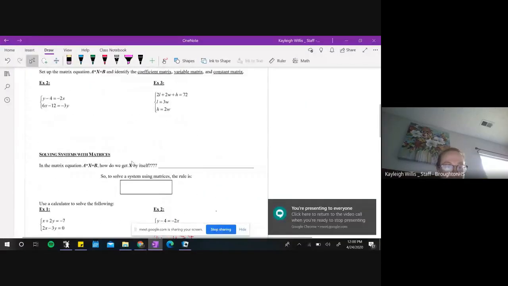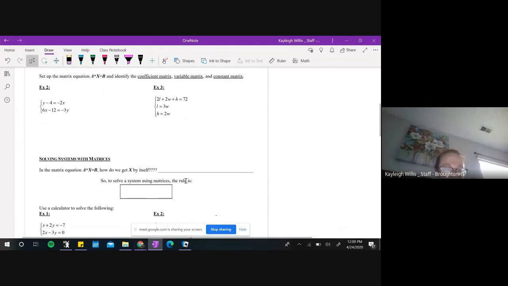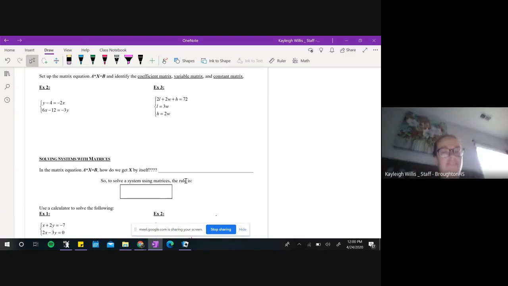So, solving systems with matrices. So, in a matrix equation, like Miss Marshall wrote, she had A times X equals B. So, how do we get X by itself? So, it's just like what we did in last week's notes.